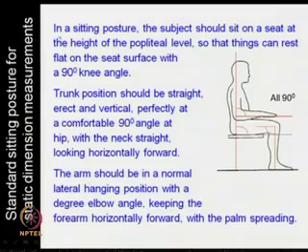Now, in a sitting posture, the subject should sit on a seat at the height of popliteal level, this is the popliteal level, so that thighs can rest flat on the seat surface with a 90-degree angle.